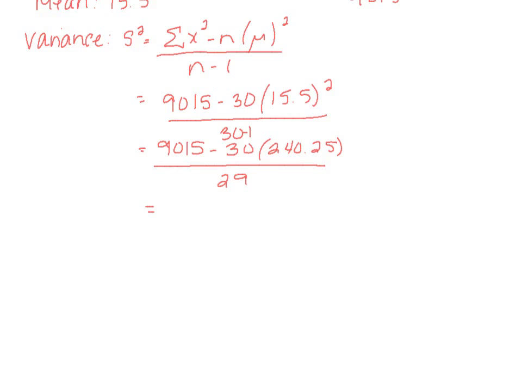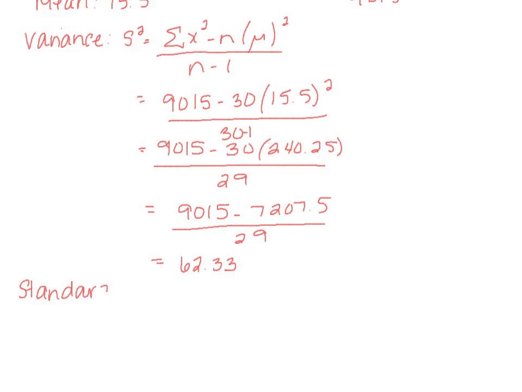This is equivalent to 9,015 minus 7,207.5 over 29. Subtracting and dividing, we get 62.33. So that's our variance, and now to find the standard deviation, all we need to do is take the square root of the variance. So 7.89.